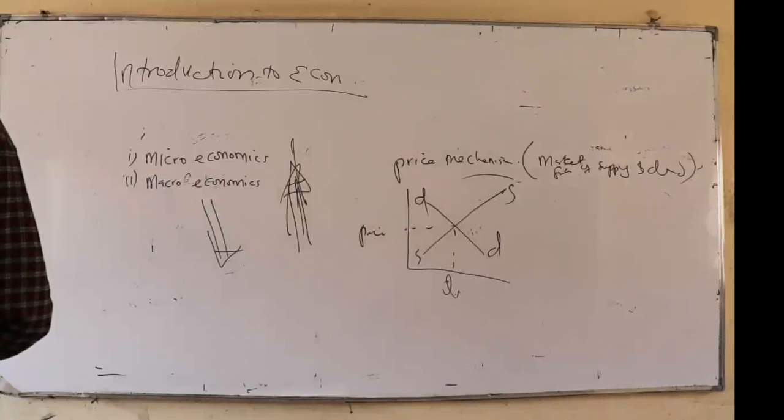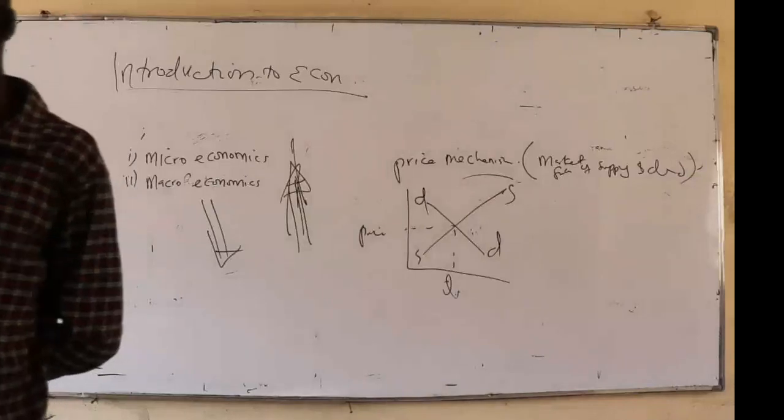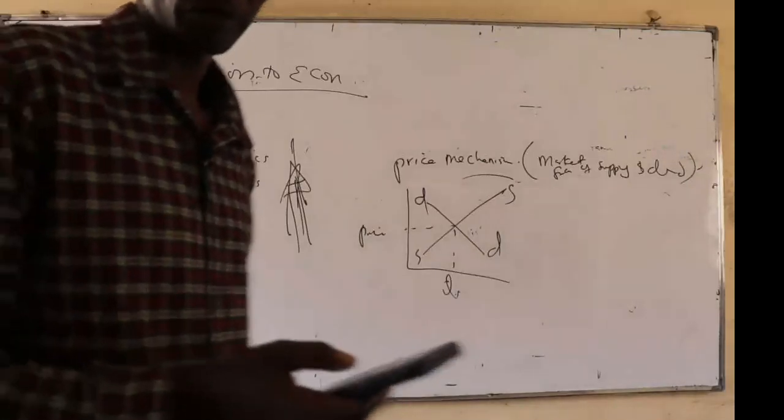I've said freedom of choice and enterprise. I say individuals and entrepreneurs are free to buy or hire economic resources, organize them for production purposes, and sell the products in the market of their choice.